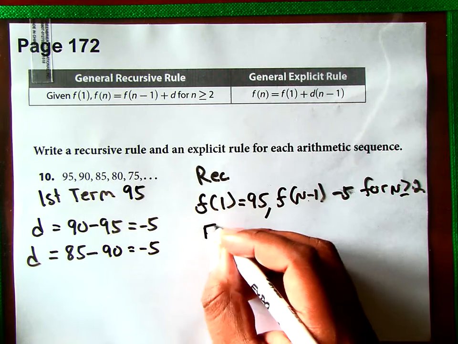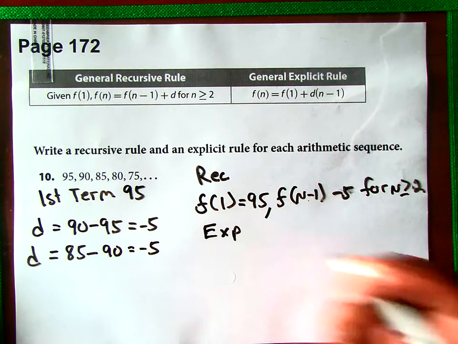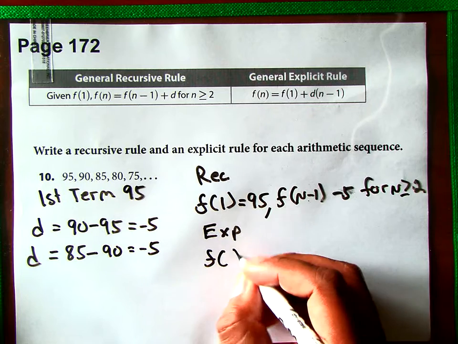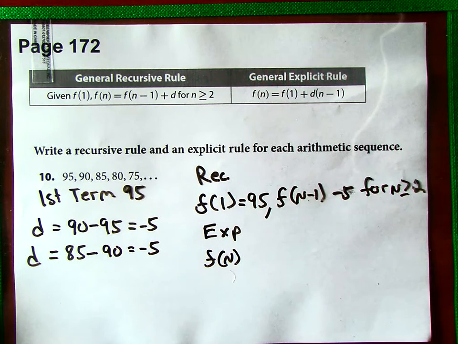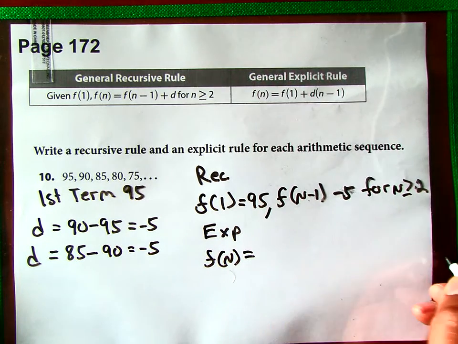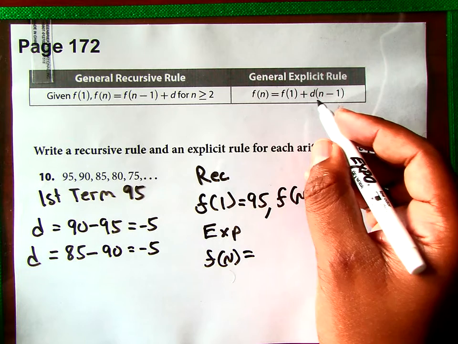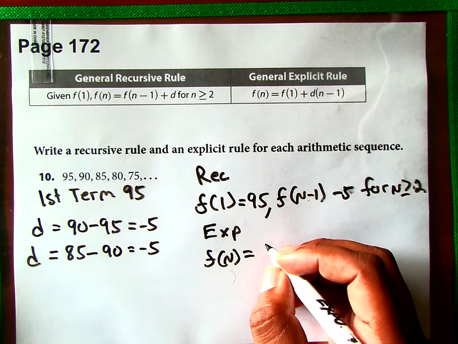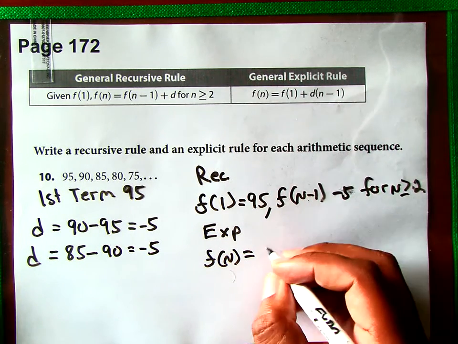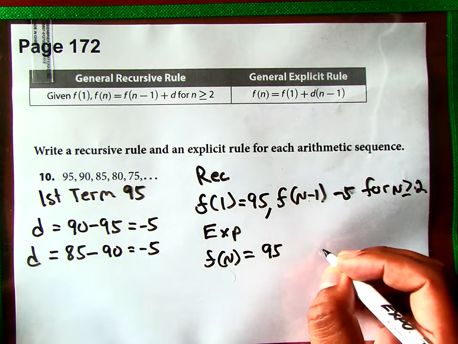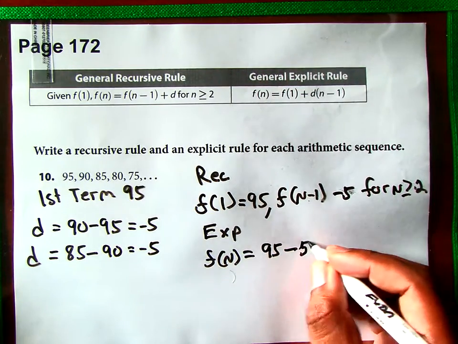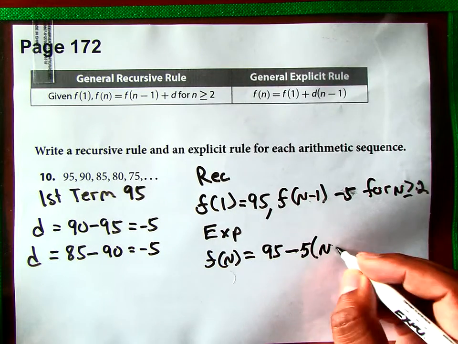Now I'm going to do the explicit. And that's going to be f of n is equal to f of 1, which is my first term, minus 5 times n minus 1.